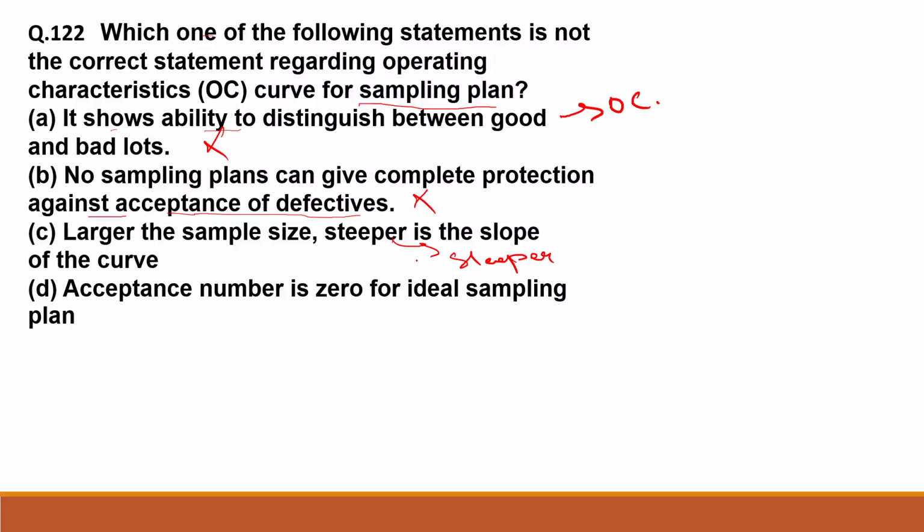The acceptance number is 0 for ideal sampling plan. Obviously it will be right, option D is the right answer here.